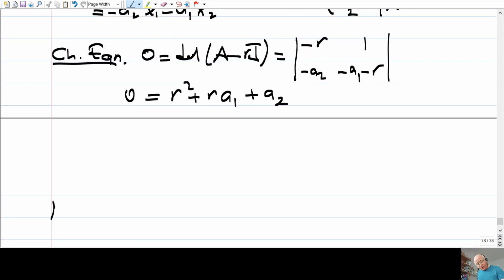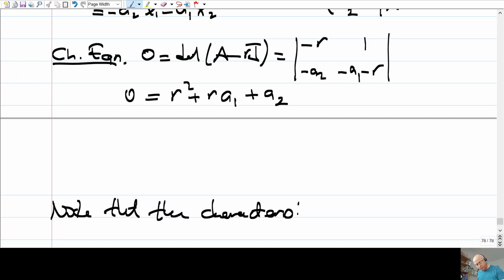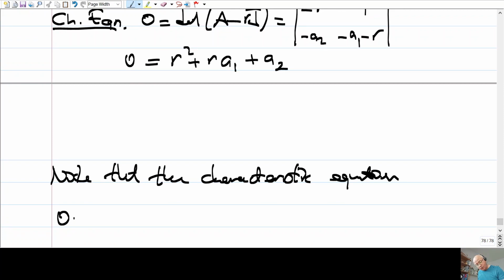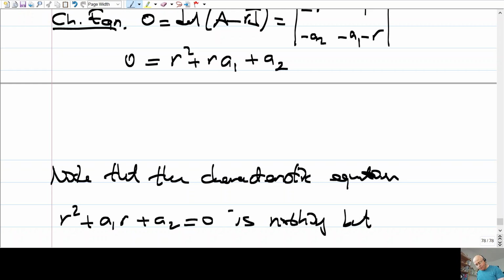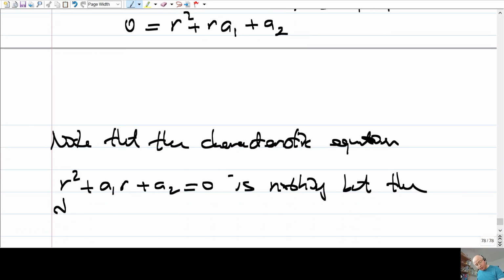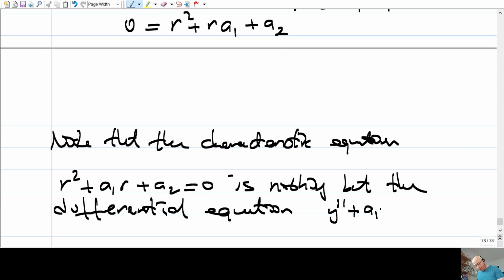Well, note that the characteristic equation, which is just r squared plus a1 times r plus a2 equals 0, is nothing but the differential equation which is y double prime plus a1 y prime plus a2 y equals 0, right?